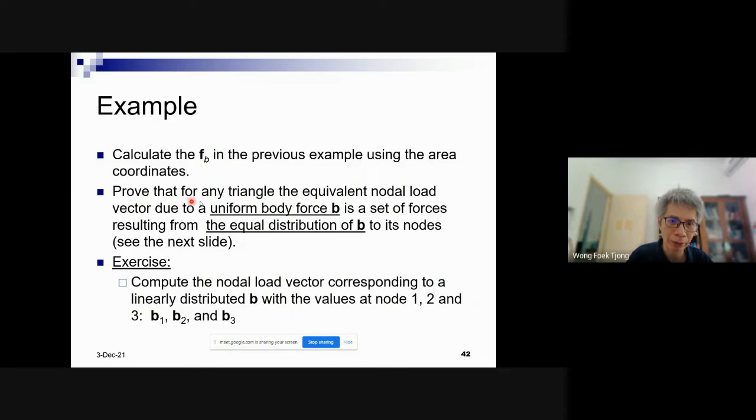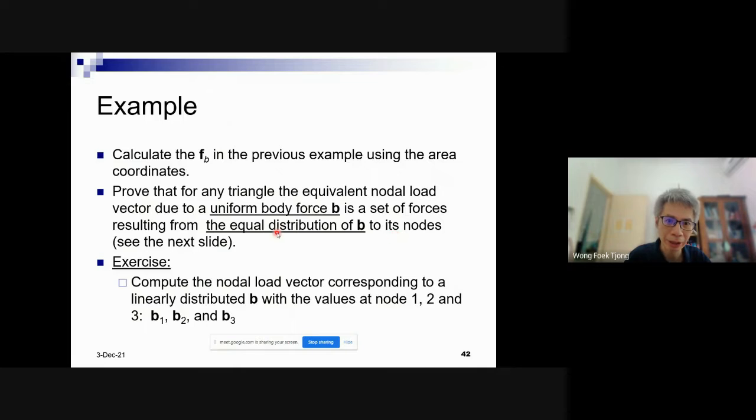Prove that for any triangular element, the equivalent nodal load vector due to a uniform body force. Uniform means constant in the element, okay, constant within the element, is a set of forces resulting from the equal distribution of B to its nodes.